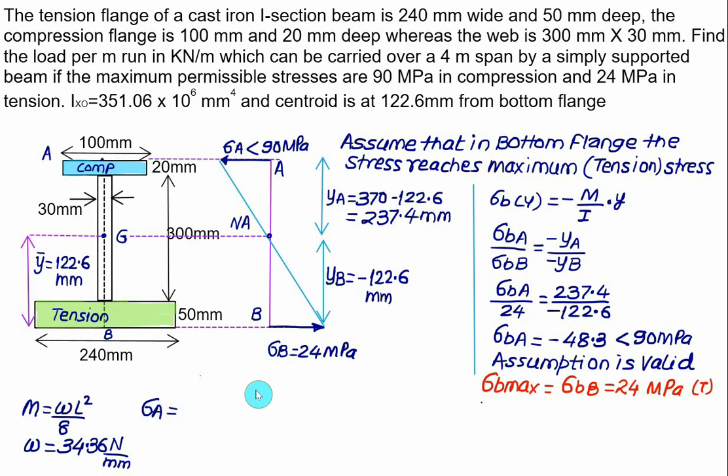So we have the same formula again, minus M divided by I multiplied by Y, but this time it's YA. So M is the same as WL square by 8. This is minus WL square by 8 multiplied by YA divided by I. So we have negative. W is equal to 34.36.